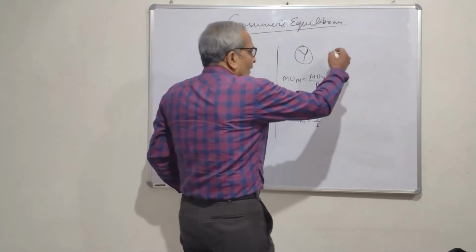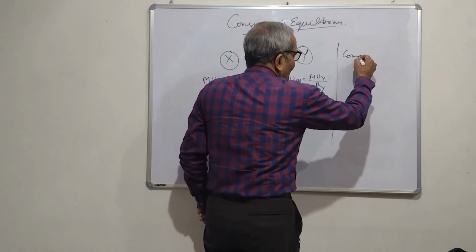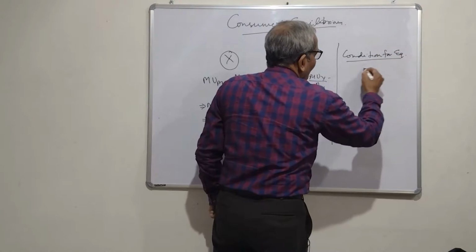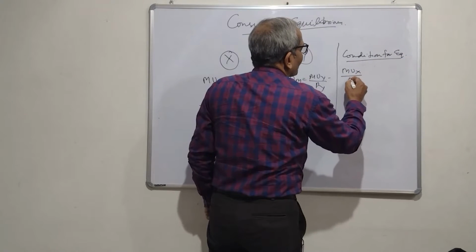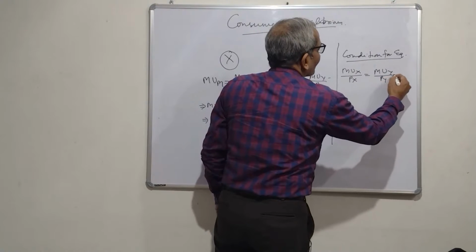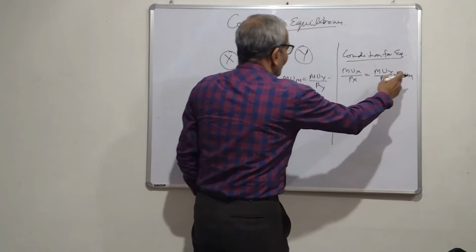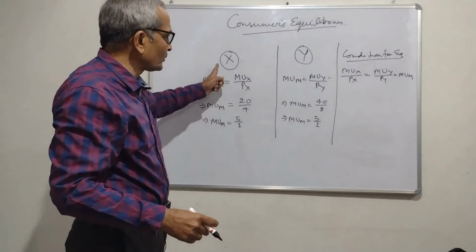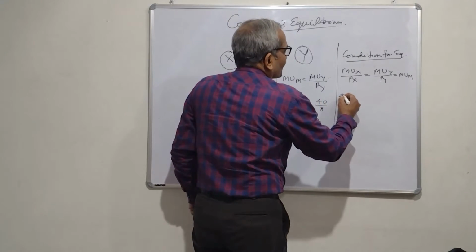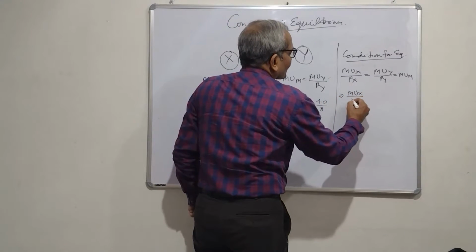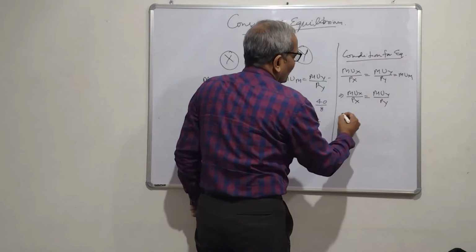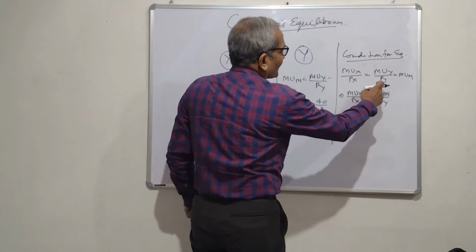The condition for equilibrium is MUX by PX equal to MUY by PY equal to MUM. The marginal utility of money for both the commodities is 5 here. Or we can simply write MUX by PX equal to MUY by PY, or we can cross multiply it.